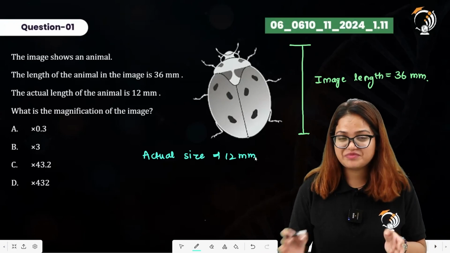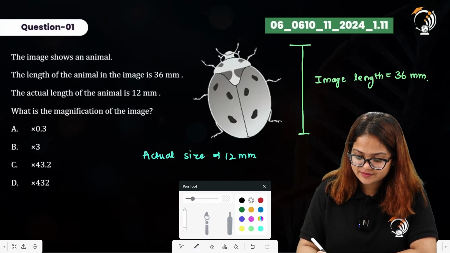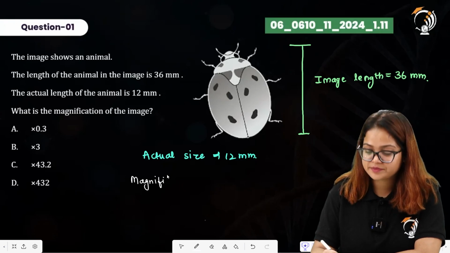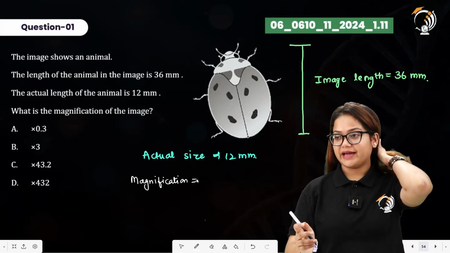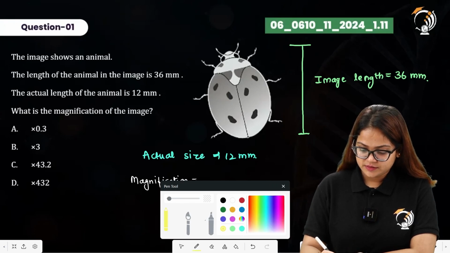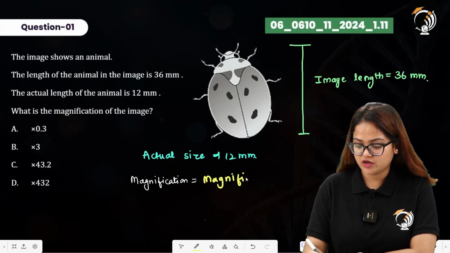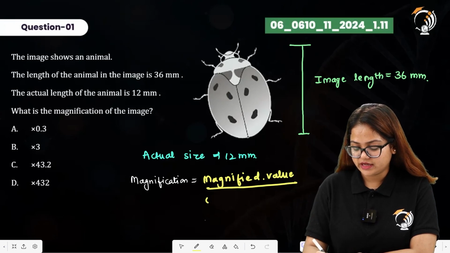You have to calculate the magnification of the image. We have just discussed the magnification formula, and for that we use the formula: magnification equals magnified value divided by original value, keeping both the units of actual and image sizes the same.